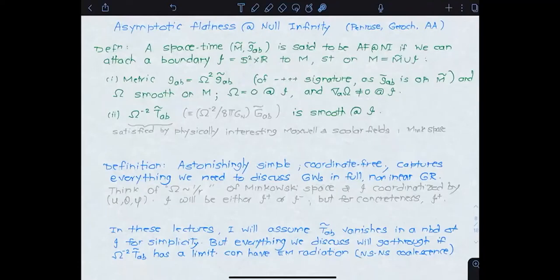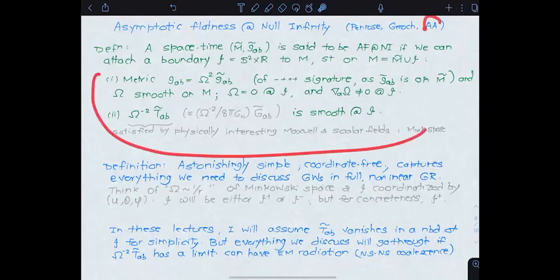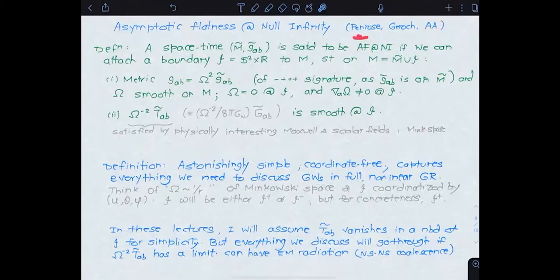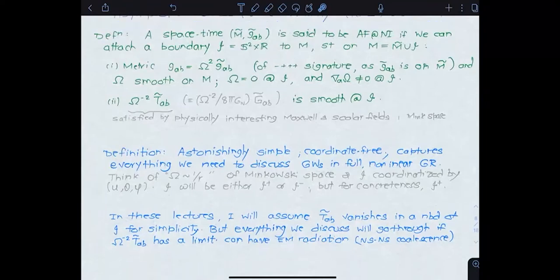For gravitational waves, we don't need those conditions, and this is the final form that I had obtained, starting from Penrose, and then Geroch already gave a simplification, and then this is the final form. And it is coordinate free. And it captures everything, as we are going to see, to discuss gravitational waves in full nonlinear general relativity.